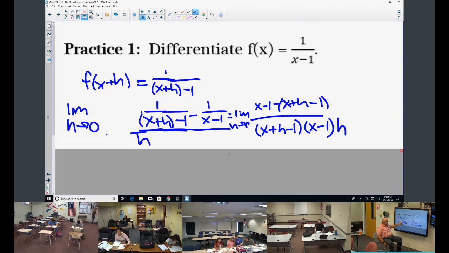So it's 1 over x plus h minus 1, minus 1 over x minus 1, over h. Now you do the algebra trick where you multiply 1 times x minus 1, which is x minus 1, minus x plus h minus 1 times 1, which is x plus h minus 1, all over x plus h minus 1 times x minus 1 times h. You can put the h in front or at the end, it doesn't matter.